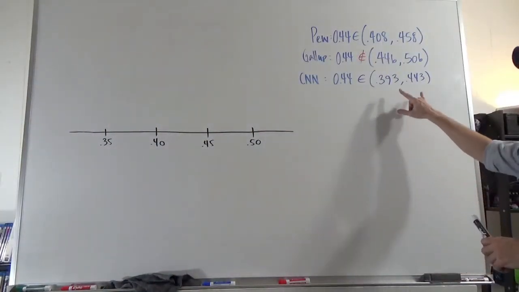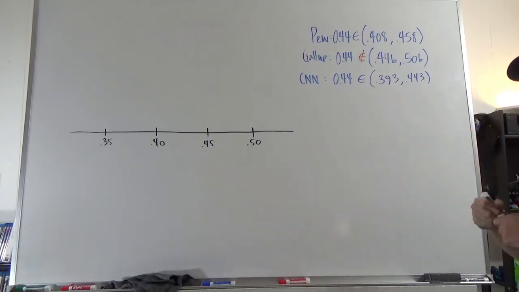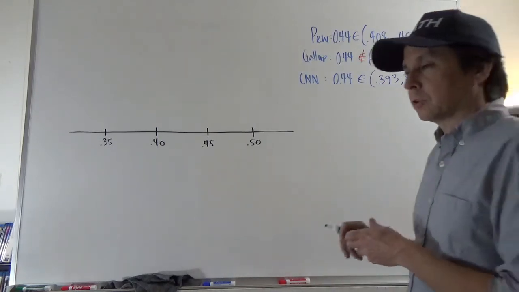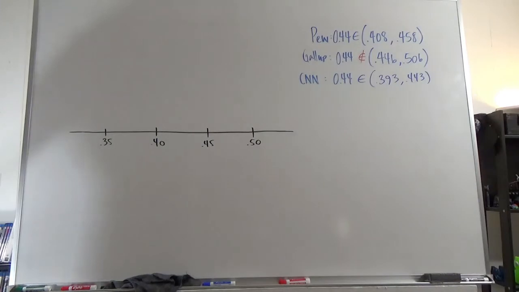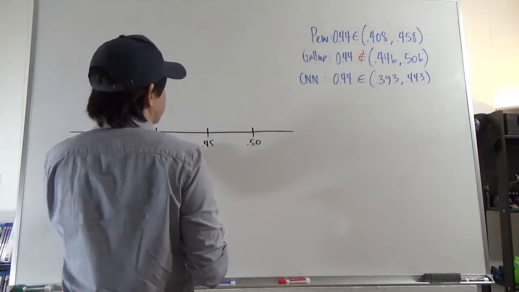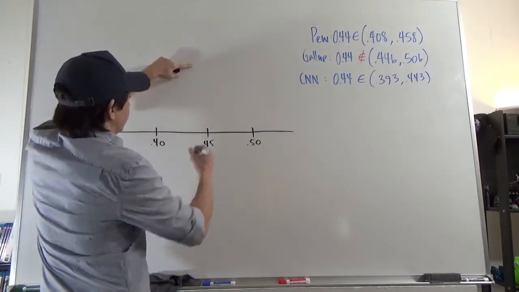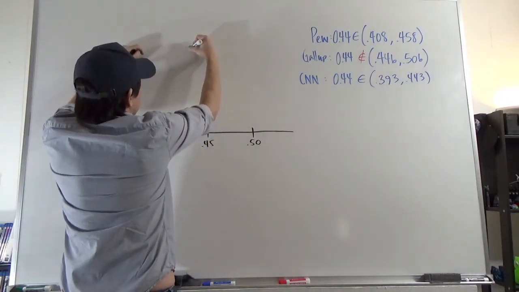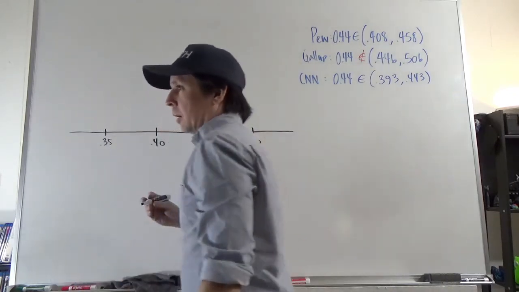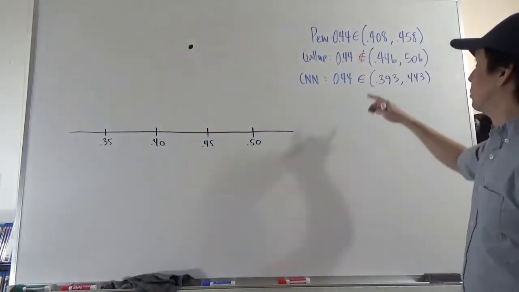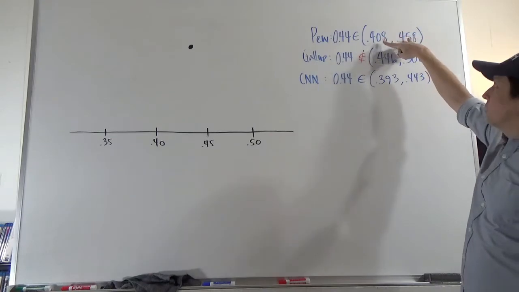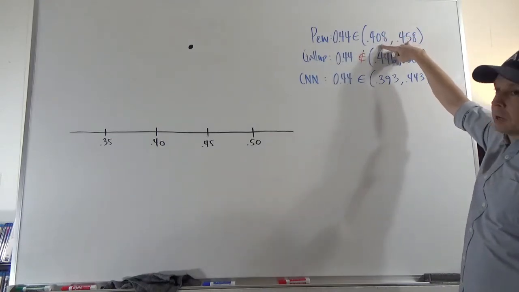Now, what I'm going to show you is a point estimate of each. Pew had a point estimate of, I forgot what it was, 0.433. So I'm going to do Pew. 0.433 is about here. And then they had a margin of error of 0.025, and they had this upper bound and lower bound.